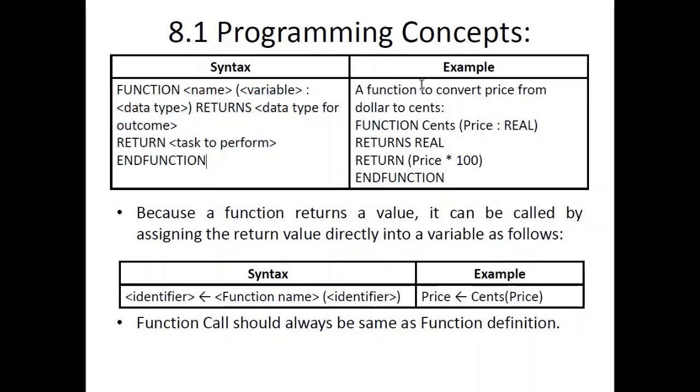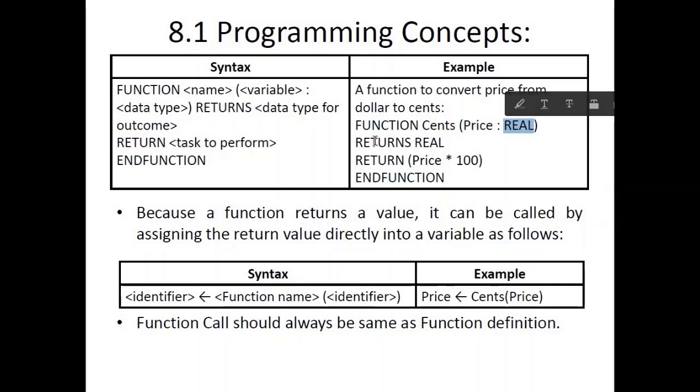For example, you want to write a function to convert price from dollars to cents. So we write the keyword FUNCTION and then we write down the name of the function. Like a procedure, every function needs to have a name. Then we write down the name of the variable which you are going to use in the calculation of this function, that is the variable price, and then you tell the data type of that variable.